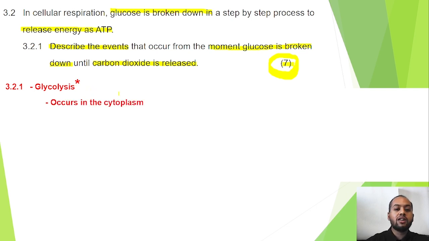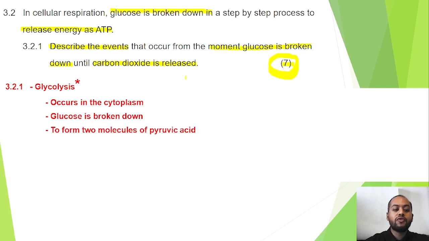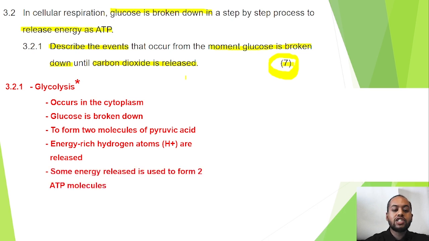So what is glycolysis? Firstly, it occurs in the cytoplasm. Glucose is broken down to form 2 molecules of pyruvic acid. After it's broken down, you're going to release energized hydrogen atoms. Some of the energy is released to form 2 ATP molecules.